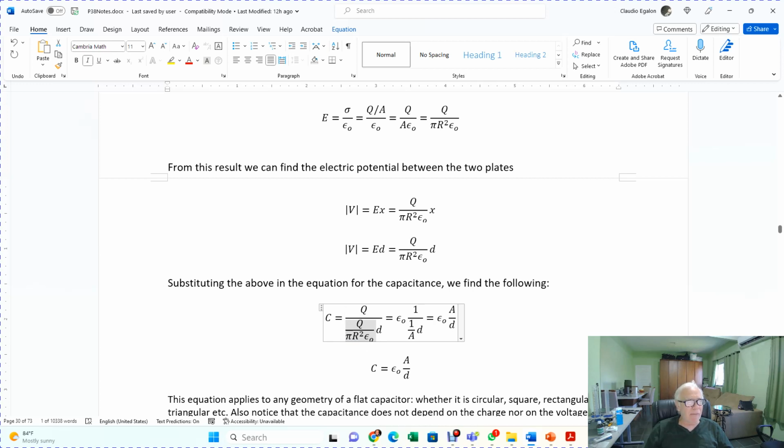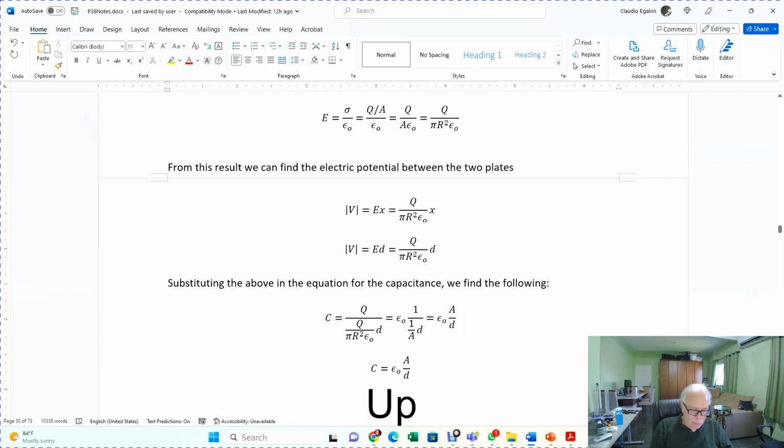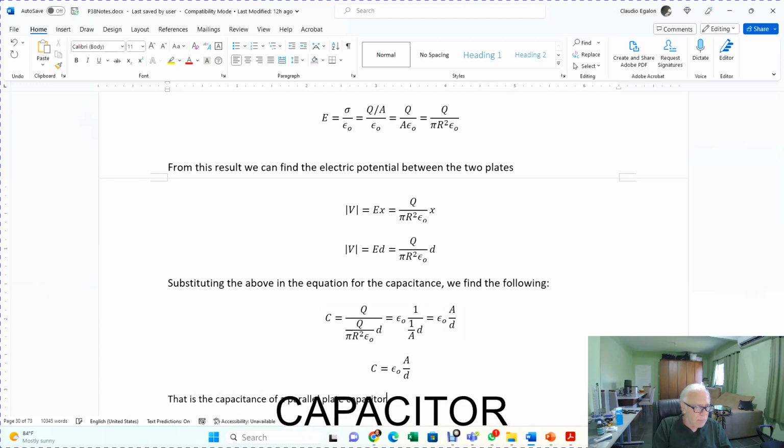And what you end up having at the end is a function only of the geometric characteristics of the capacitor. Area is a geometric characteristic of the capacitor. The distance between the plates is a geometric characteristic of the capacitor. And epsilon naught is a universal constant. That's the capacitance for example 2. That is the capacitance of a parallel plate capacitor.